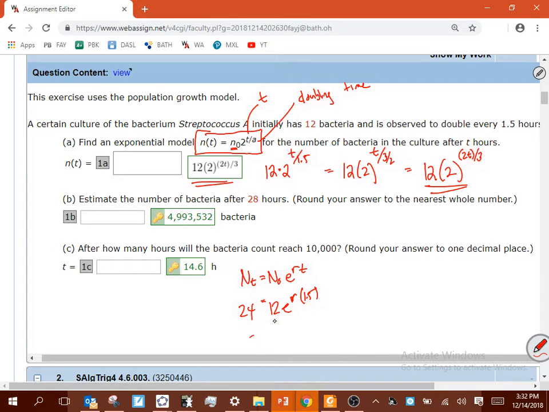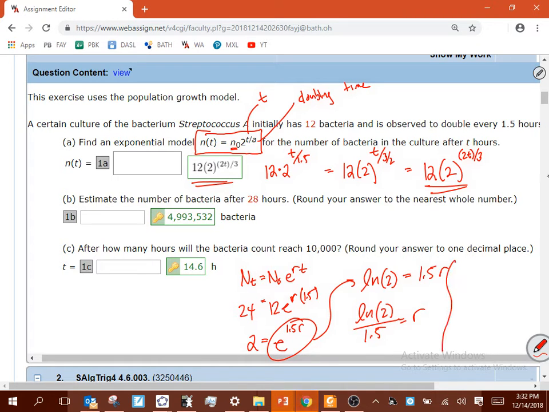Dividing both sides by 12 gives 2, and then we have e to the 1.5r. Taking ln of both sides, ln of 2 equals 1.5r, so ln of 2 divided by 1.5 is equal to r.